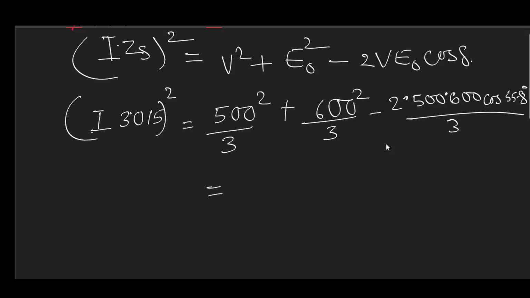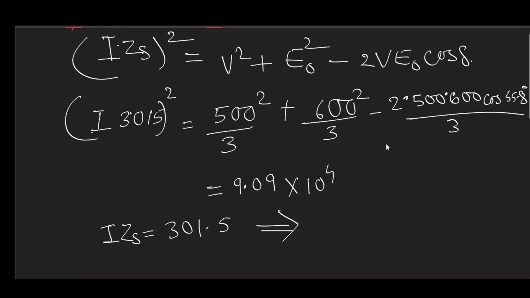It will be something like 9.09 into 10 to the power 4. So if we do this, obviously we will not consider the negative sign, we get 301.5, that implies I is equal to roughly 100 ampere.